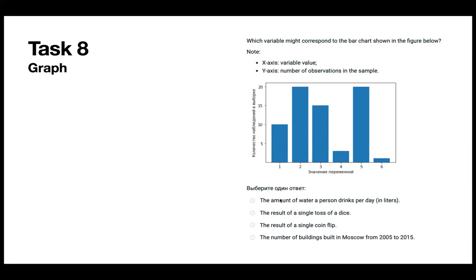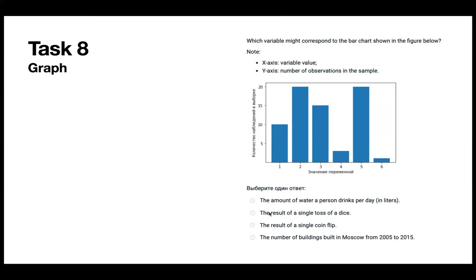We've got the amount of water a person drinks per day, and it's not it, because we can have 1.5 liters that a person drinks, so that's not our case. Also we can have more liters, like 7, 8, 8.5, and it should not be that little amount of our values.